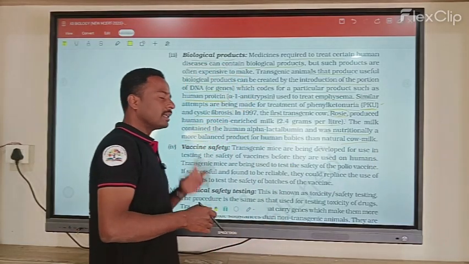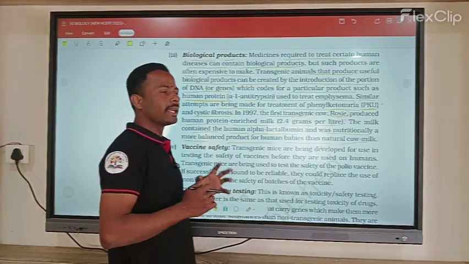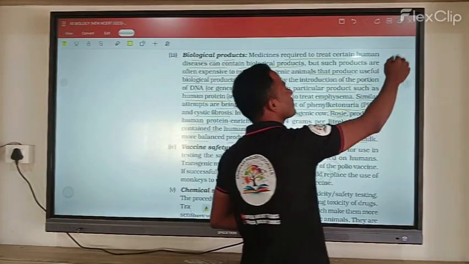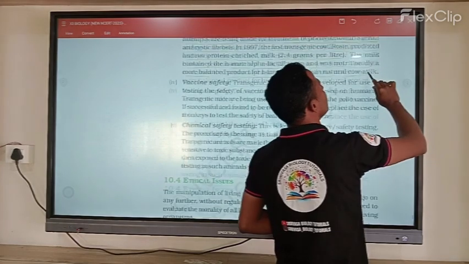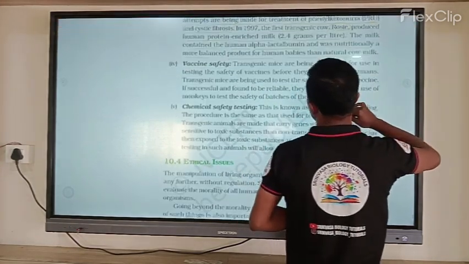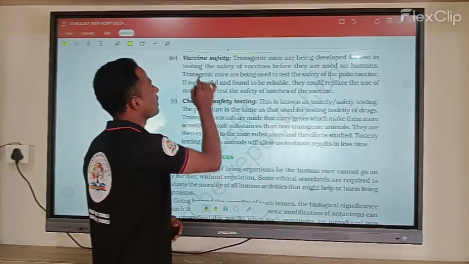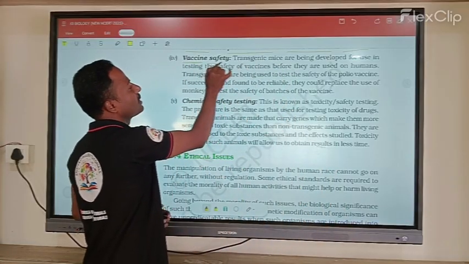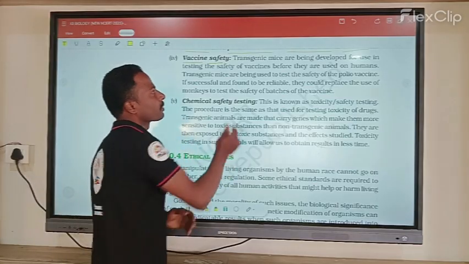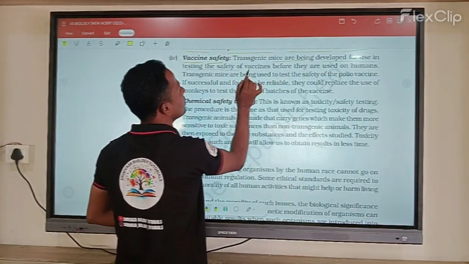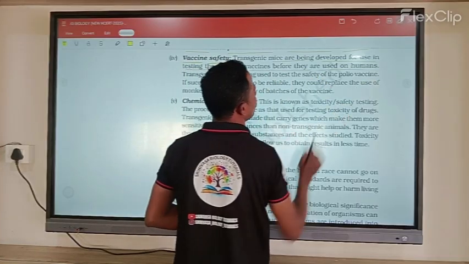So this milk mostly helps kids or small babies, because it has enriched nutrients. Next, vaccine safety. Transgenic mice are being developed for testing the safety of vaccines before they are used in humans.